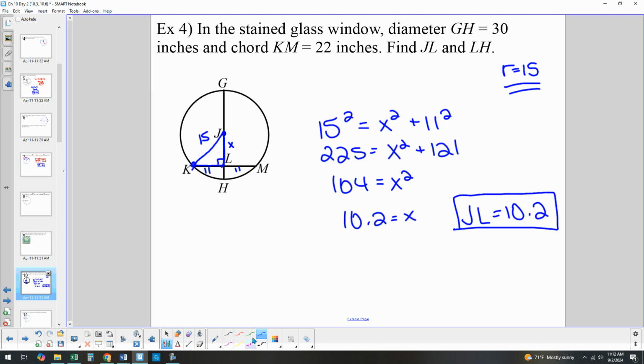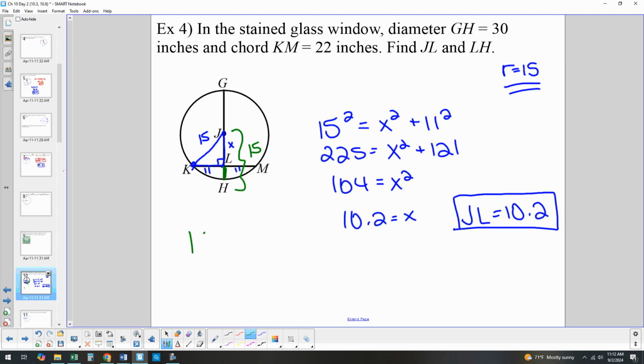Now we still want to find LH. LH is the rest of the radius that JL started. So JH, this whole thing here, was a radius of 15, and we just found that JL was 10.2.